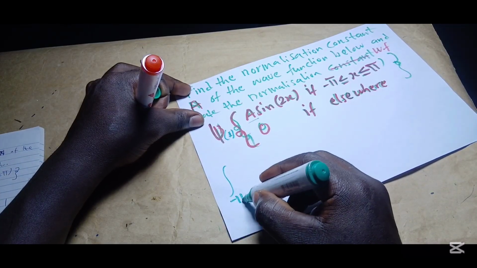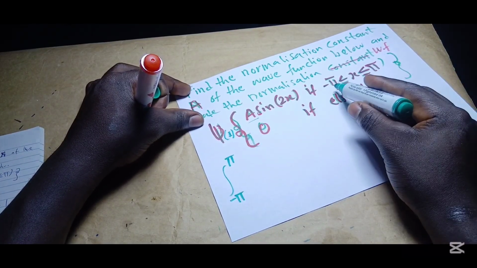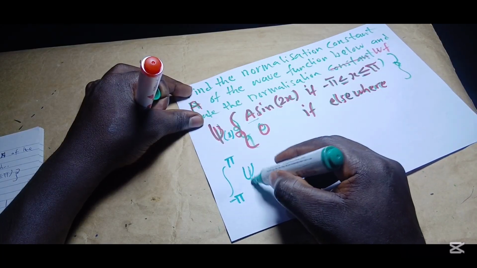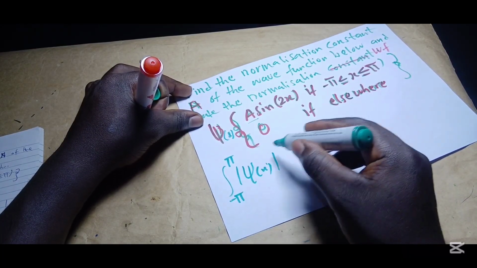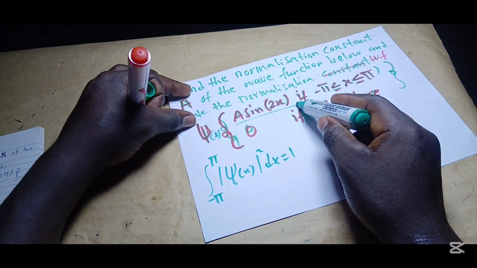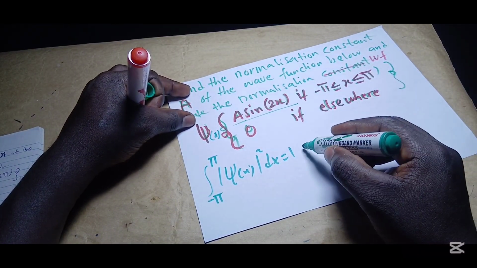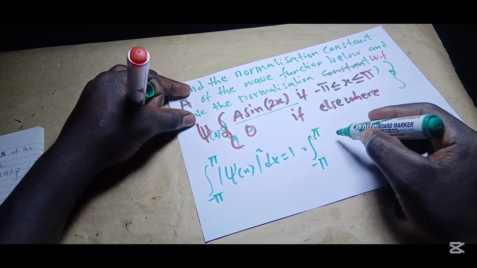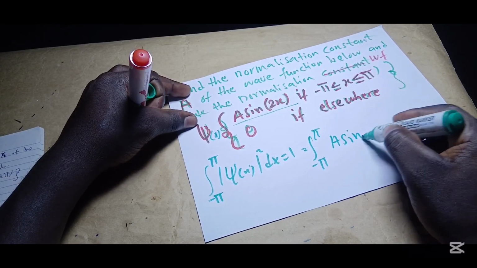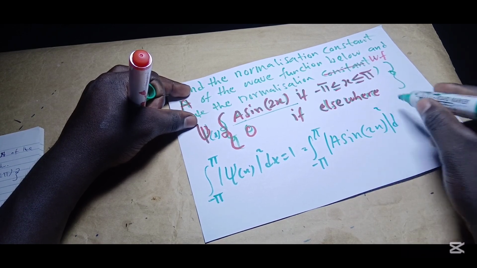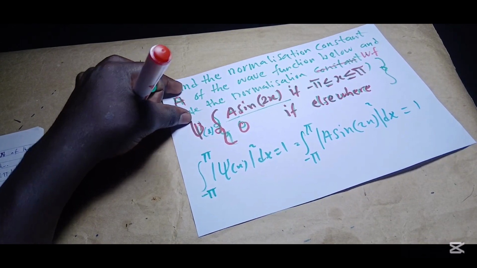So we are initially going to solve for a, integrating from negative pi to positive pi. So the integral of psi of x absolute squared dx equal 1. And our psi of x is this term here. So this gives us the integral from negative pi to positive pi of a sine 2x absolute squared dx equal 1.